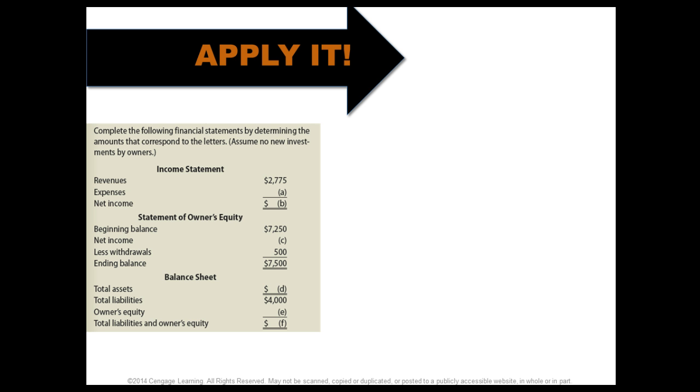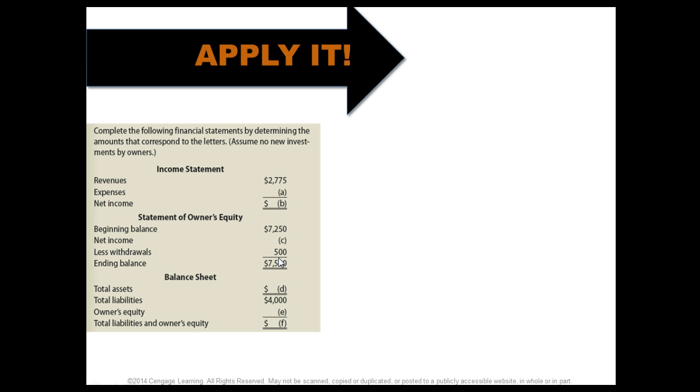What was our net income, guys? $750? Perfect. Do you understand how we got $750? The $7,250 plus $750 gives us $8,000 minus our withdrawals of $500 give us an ending balance of $7,500.